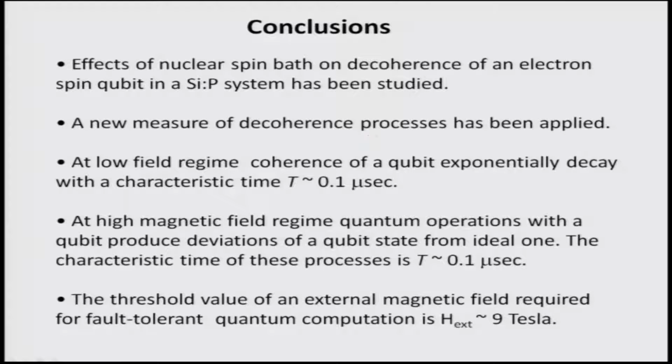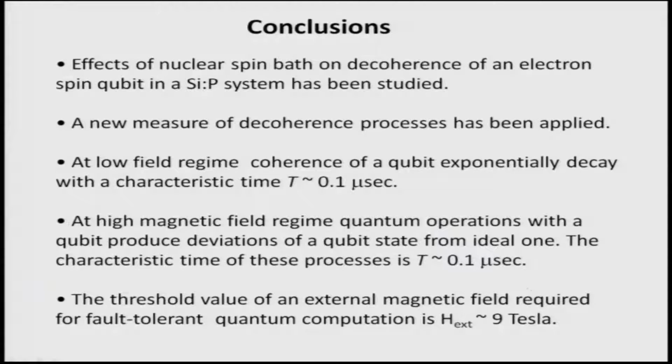New measures of the decoherence process have been developed over the years by several groups, and in the low field region the coherence of the qubit exponentially decreases with a certain characteristic time, which is roughly about 0.1 microsecond. In the high magnetic field region, the quantum operations with the qubit produce deviations of a quantum state from the ideal one. The characteristic time for these processes is about 0.1 microseconds.